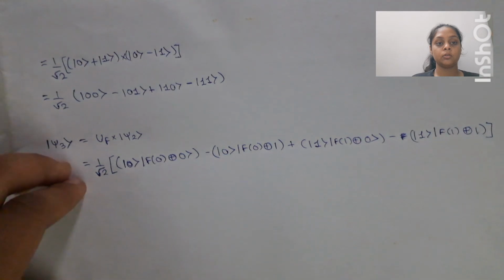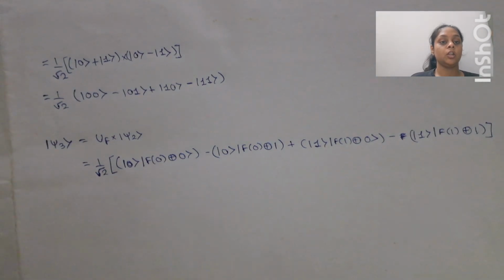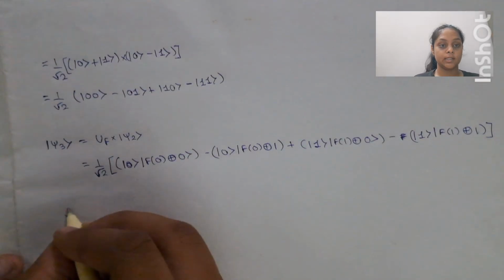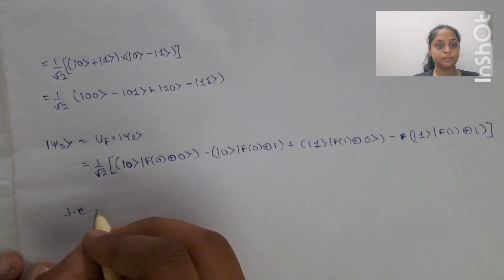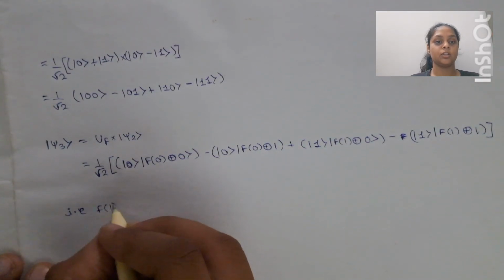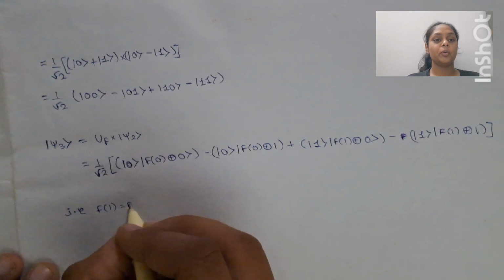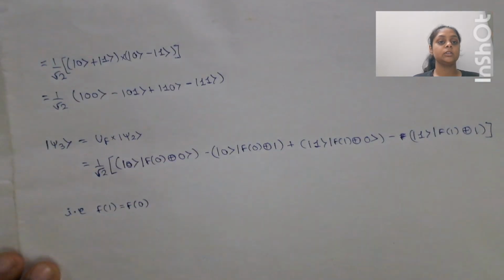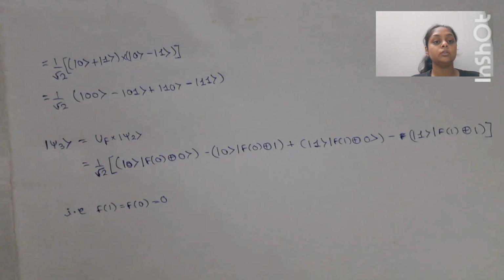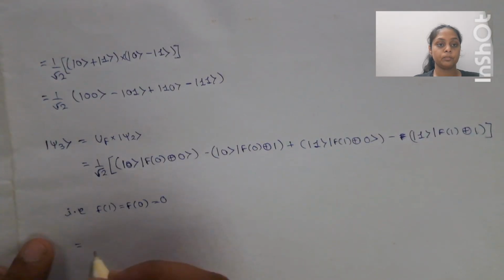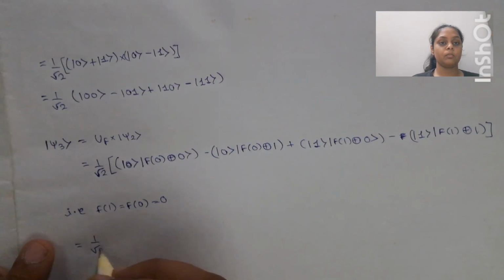Now let us recall our case 1 that we discussed during the definition, that is f of 1 is equal to f of 0 is equal to 0. Therefore, it simplifies |psi 3> as 1 by root 2.